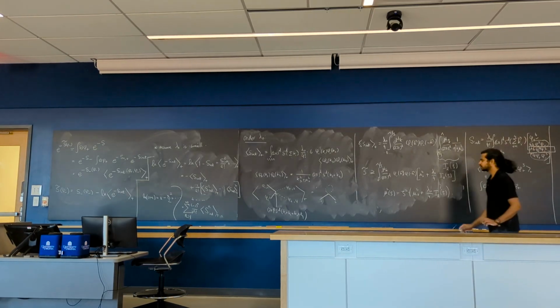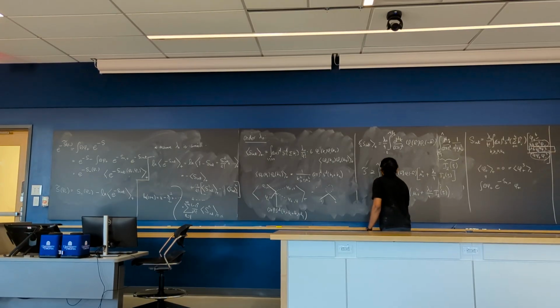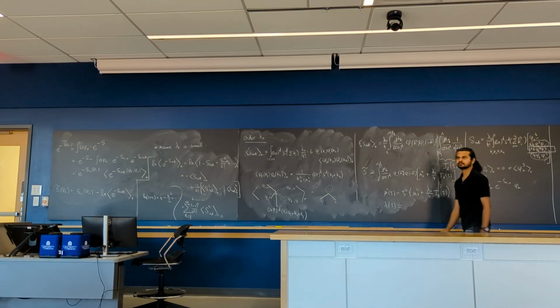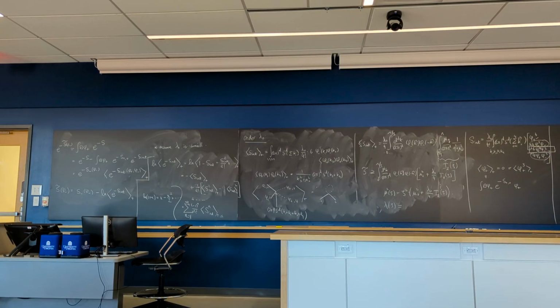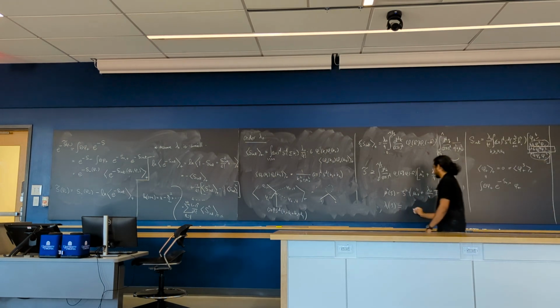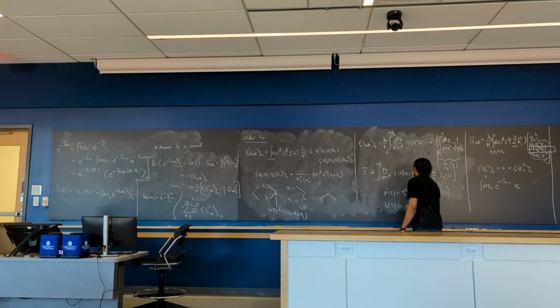Now let's imagine what happens to lambda of zeta. There is no quartic in phi minus term, right? So lambda of zeta at order lambda 0 does not get any corrections. So it looks like zeta to the 4 minus d times lambda 0.